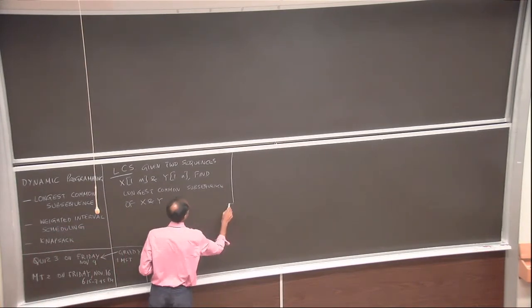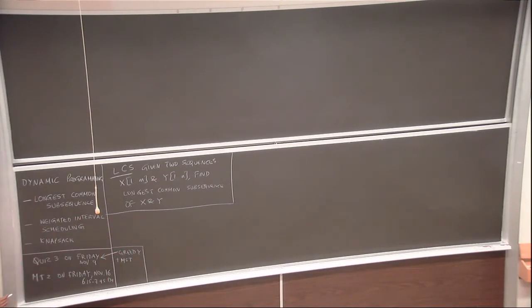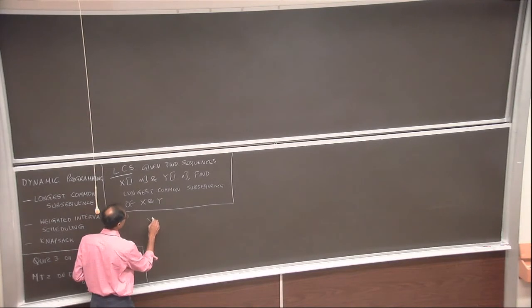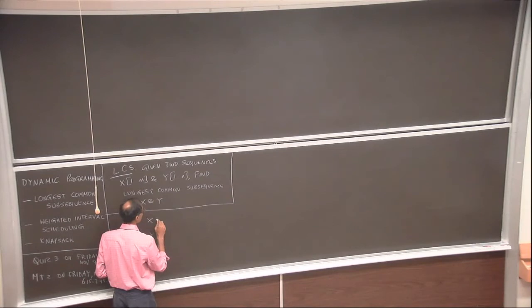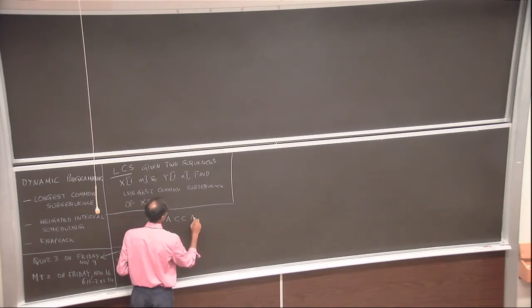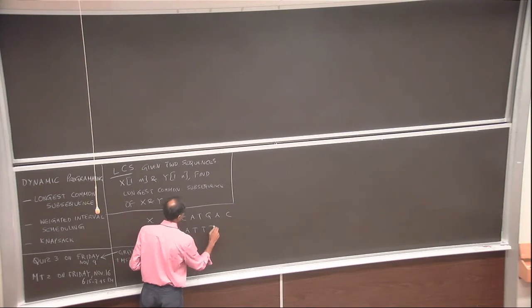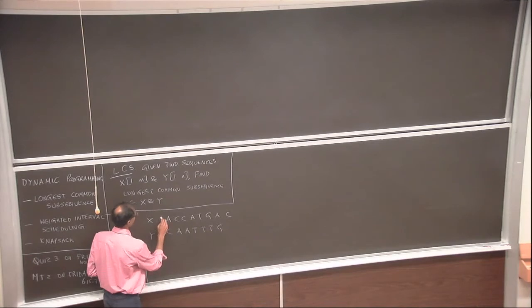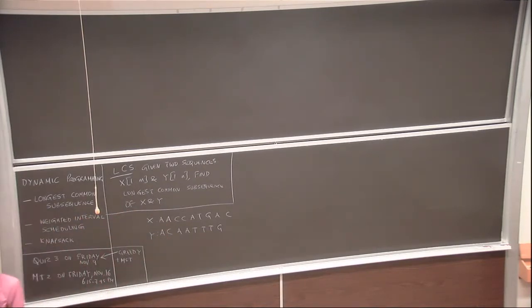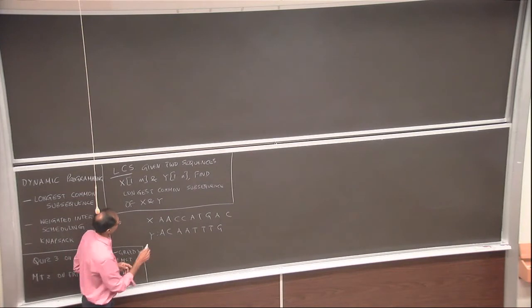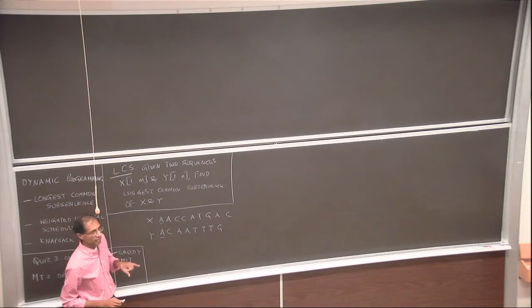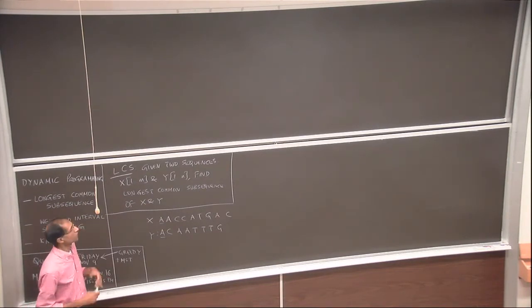So last time we observed that if you look at the sequences X and Y, and you have some characters, and we want to find the longest common subsequence of both of them, one thing we observed was if the first character just happened to be exactly the same, then intuitively it seems like we should go ahead and match them.